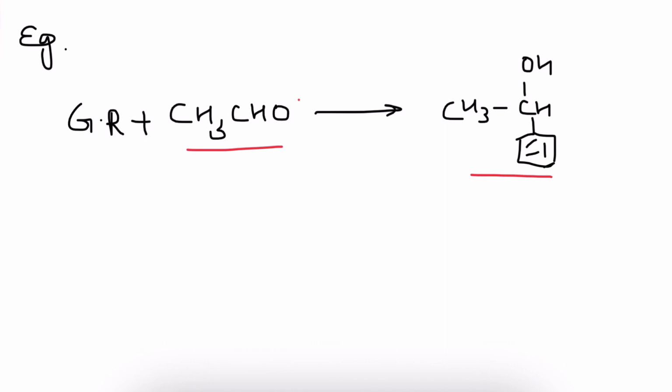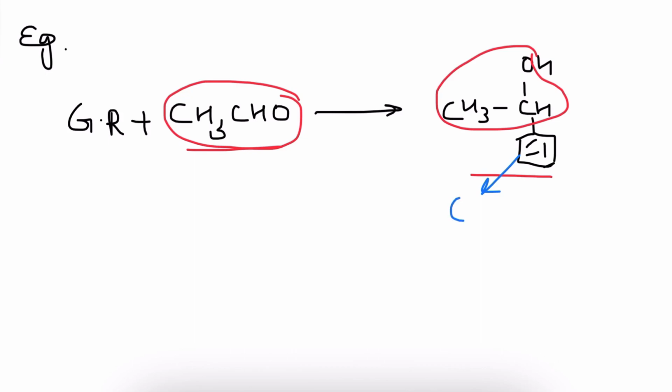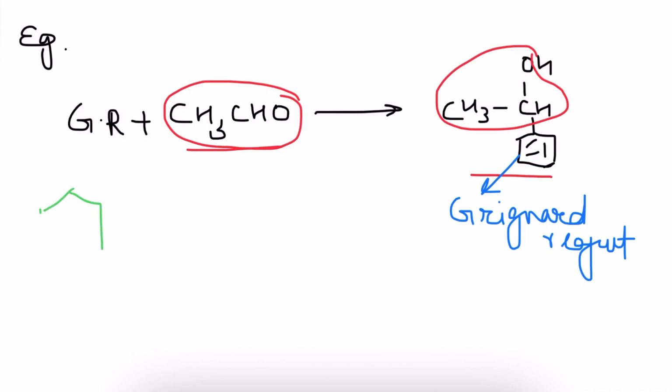If you compare, CH3CHO, this one is your carbonyl part. Okay, so this ring comes from Grignard reagent. So in this question, our Grignard reagent is phenyl magnesium bromide.